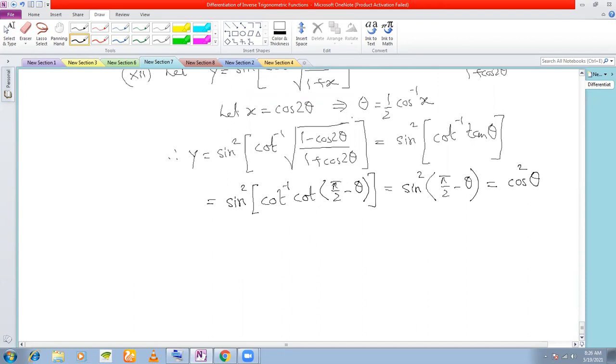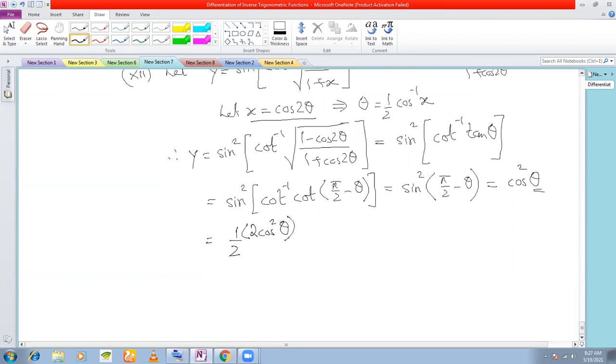Now see, if I put theta is equal to half cos inverse x, what are we going to get? You can differentiate by your chain rule after putting this. But better is that you can express everything in terms of x. How? See, I have cos square theta, and I have x is equal to cos 2 theta. If I want to express cos square theta in terms of cos 2 theta, I know that 2 cos square theta must be equal to 1 plus cos 2 theta.